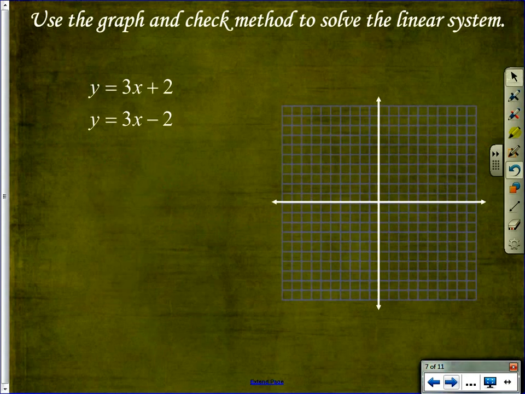Your turn. It's your turn. Yeah. Graph. Yeah. Right there on your paper. Big question mark.